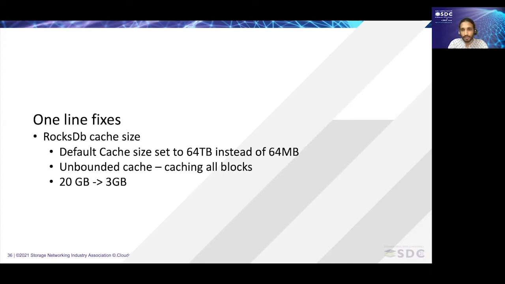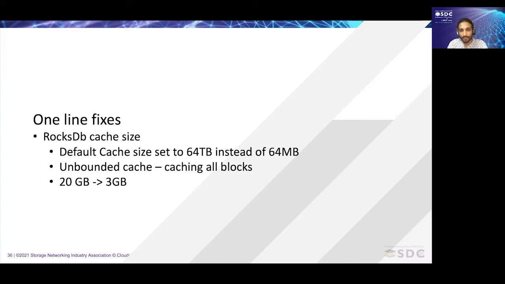Earlier we thought that this could be some RocksDB bug which we were encountering, but it turned out that it was a very simple naive bug in our system. We were configuring the default cache size to around 64 MB. And by mistake, there was also another factor multiplied into this cache size, which was not very visible.